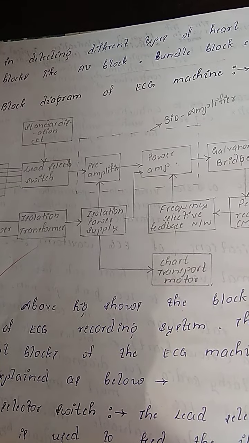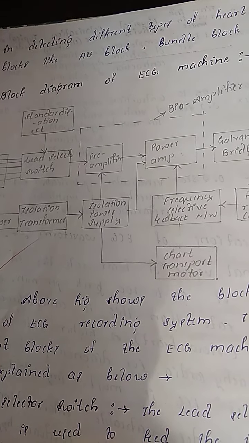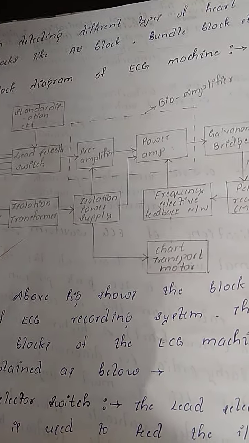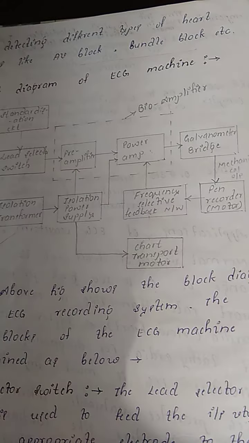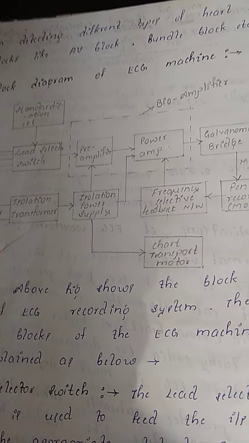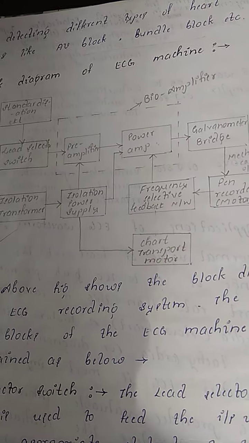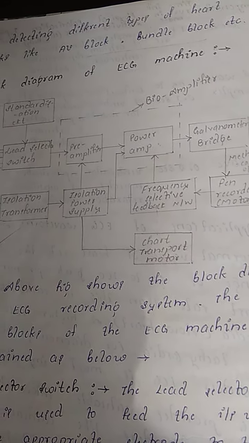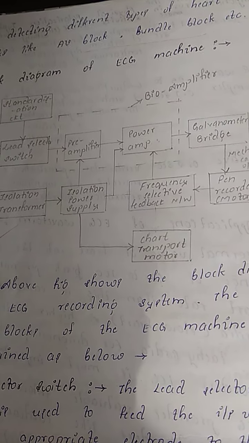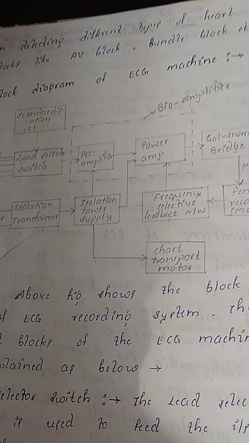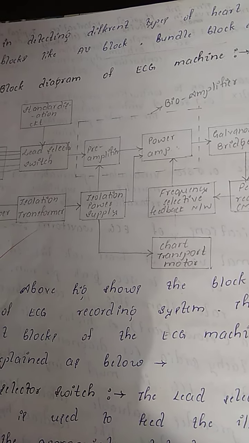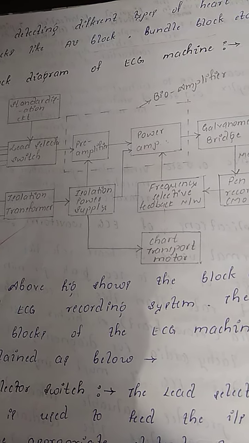The isolation power supply is the one which separates the power supply from the patient. The electric power is separated from the patient in order to avoid any hazard or electric shock to the patient. The isolation power supply also supplies the power to the charge transport motor.